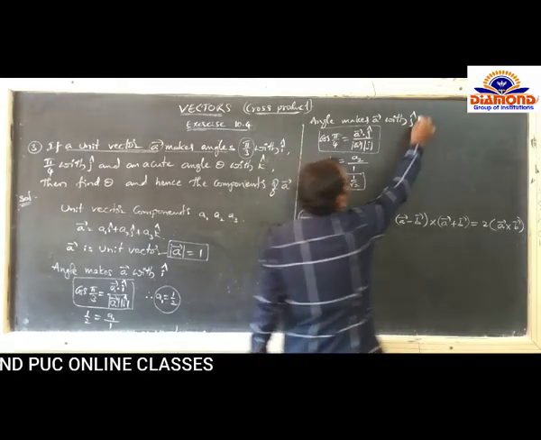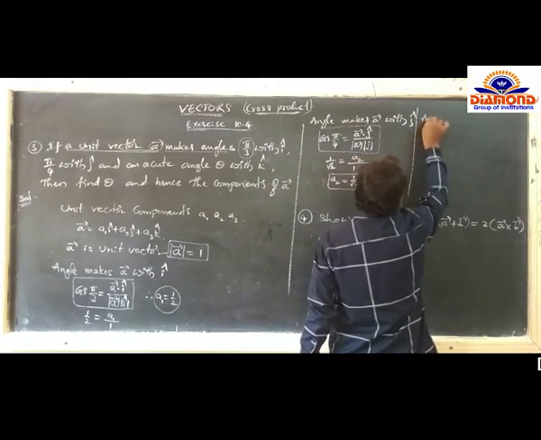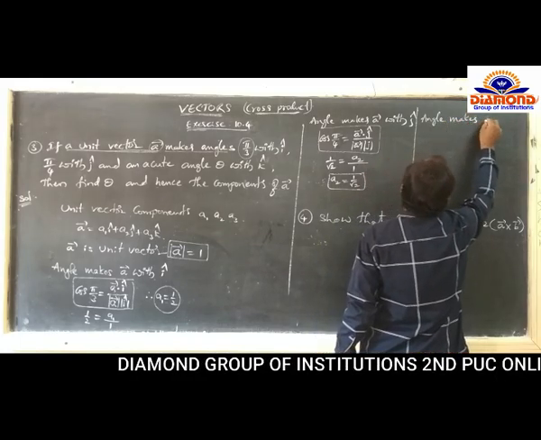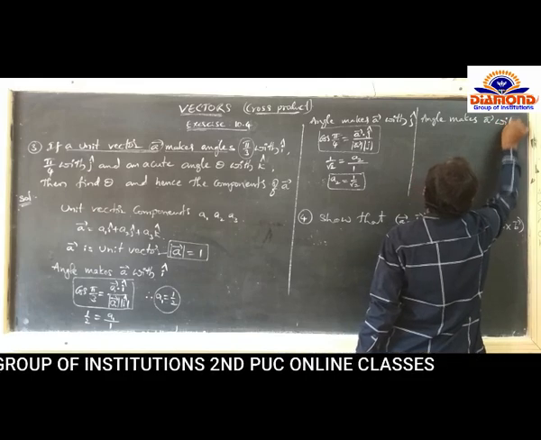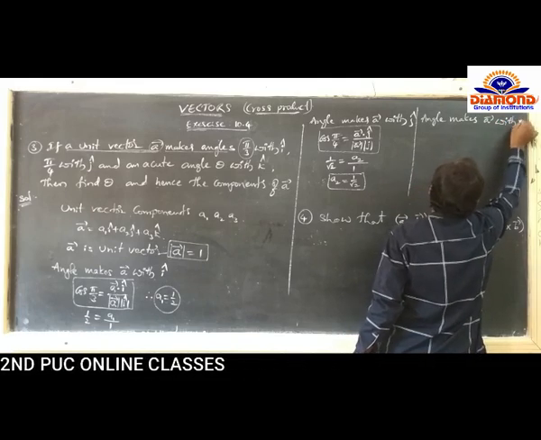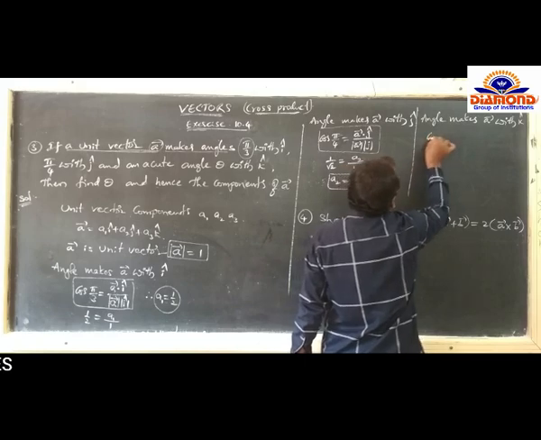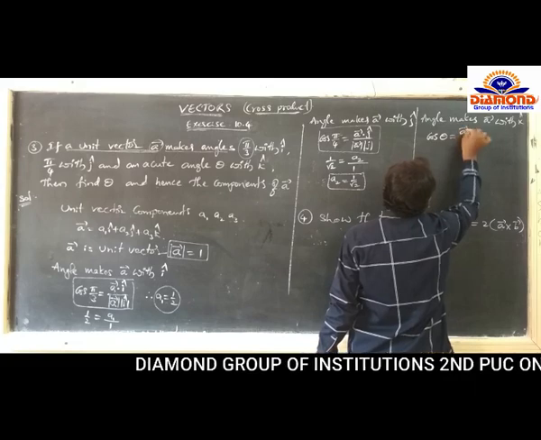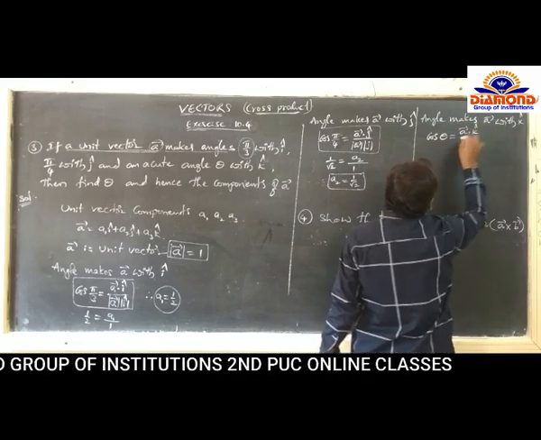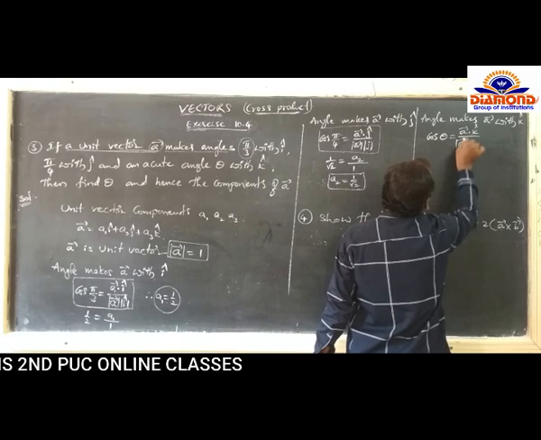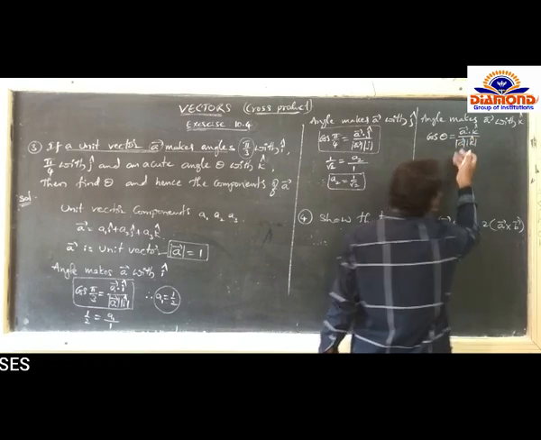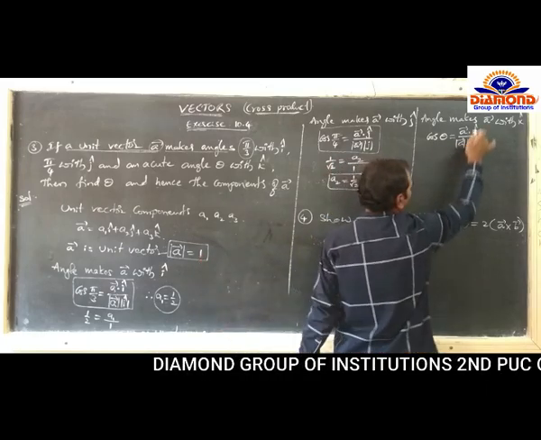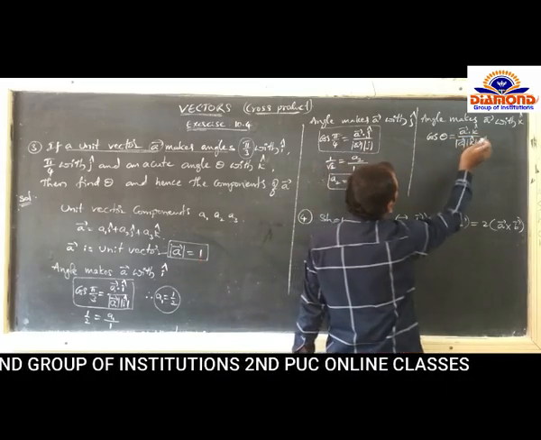Next, in the same way, the angle a bar makes with k cap. It means cos theta, where theta is the acute angle, equals a bar dot k cap divided by magnitude of a into magnitude of k. The magnitude of a, a unit vector, is 1. The magnitude of k cap is also a unit vector, its value also 1.